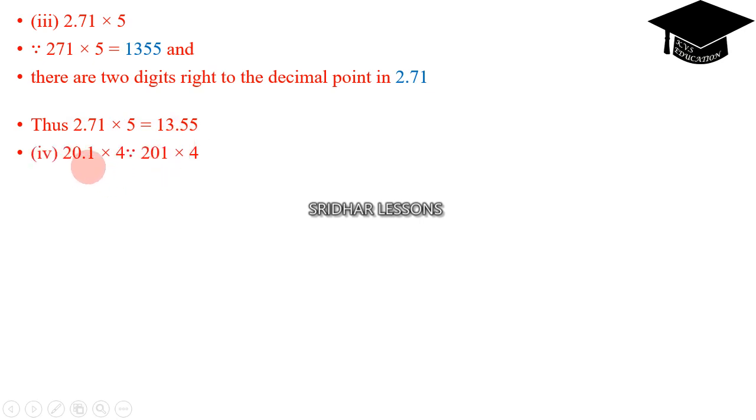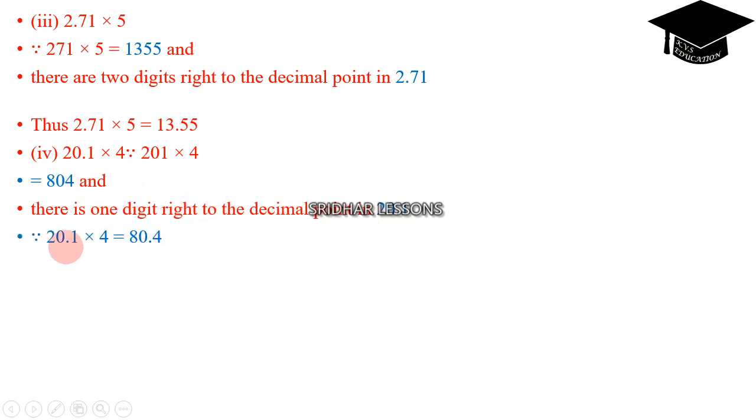Next problem, 20.1 into 4, but 201 into 4 is equal to 804, and there is one digit right to the decimal point. That means here we have to put 20.1 into 4 is equal to 80.4.